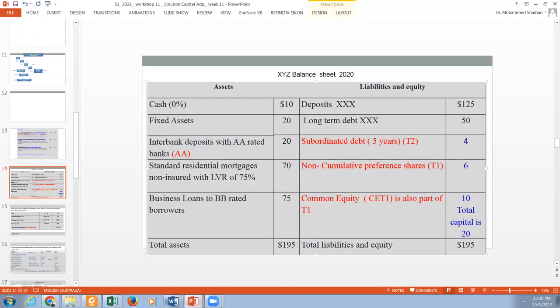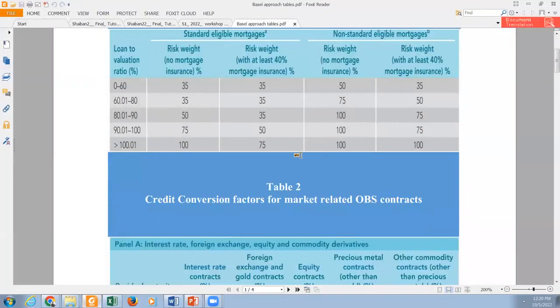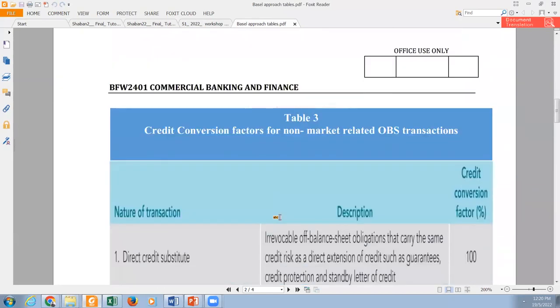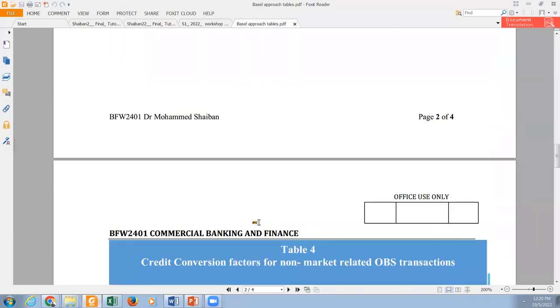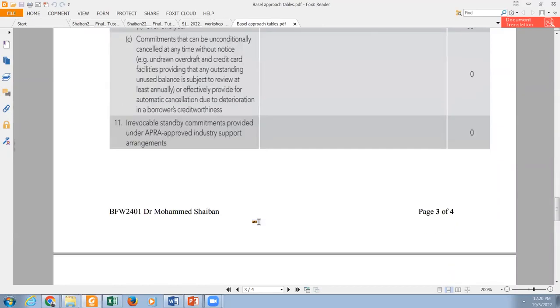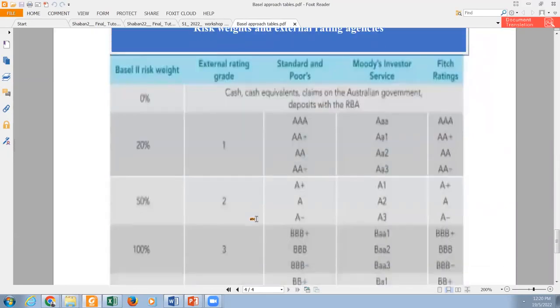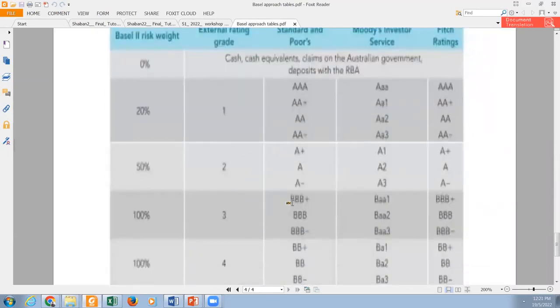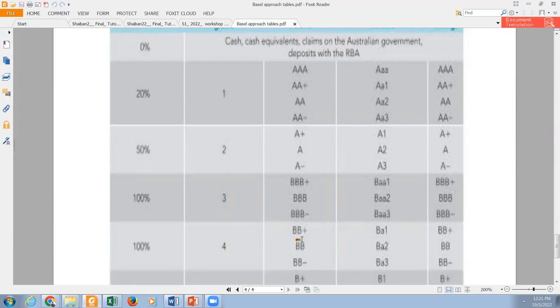I go now to table 5. I will always use table 5, except for the housing loans. Now in table 5, the B is what? It's here, all the B's are here, which is 100%. This is the rating.